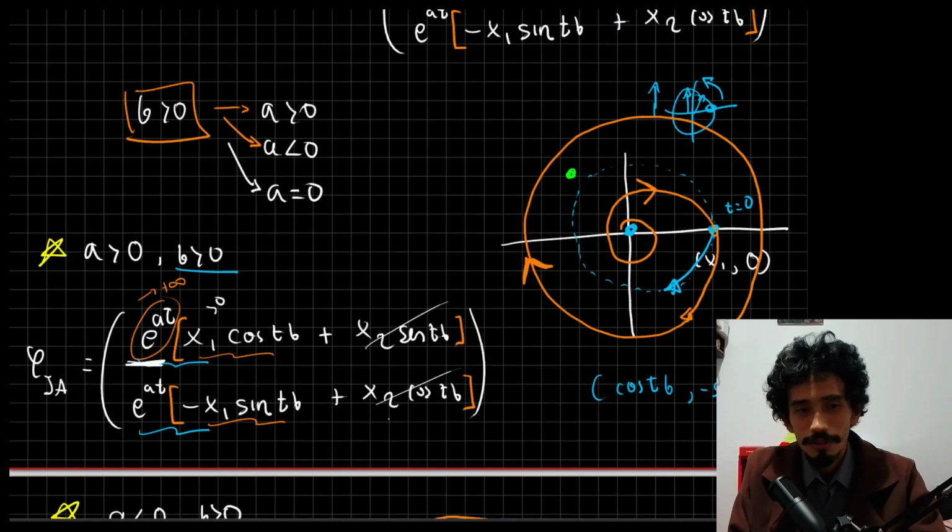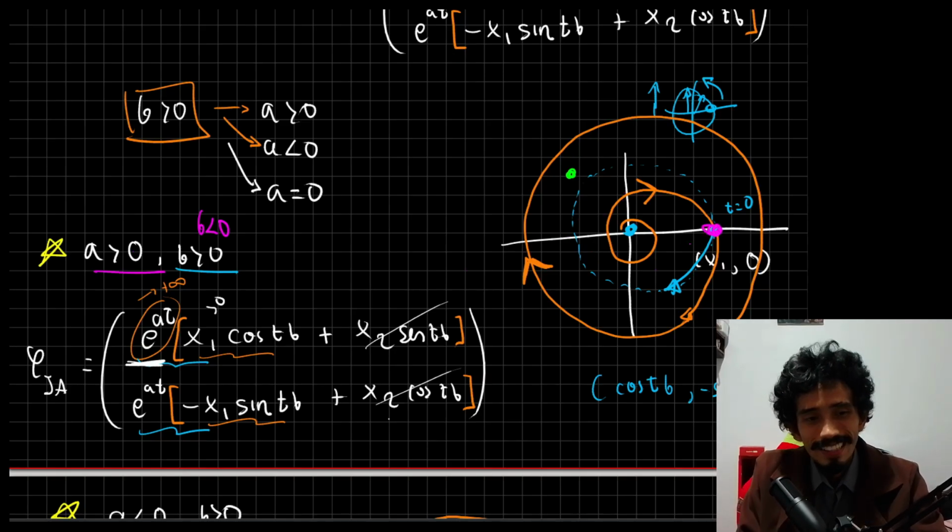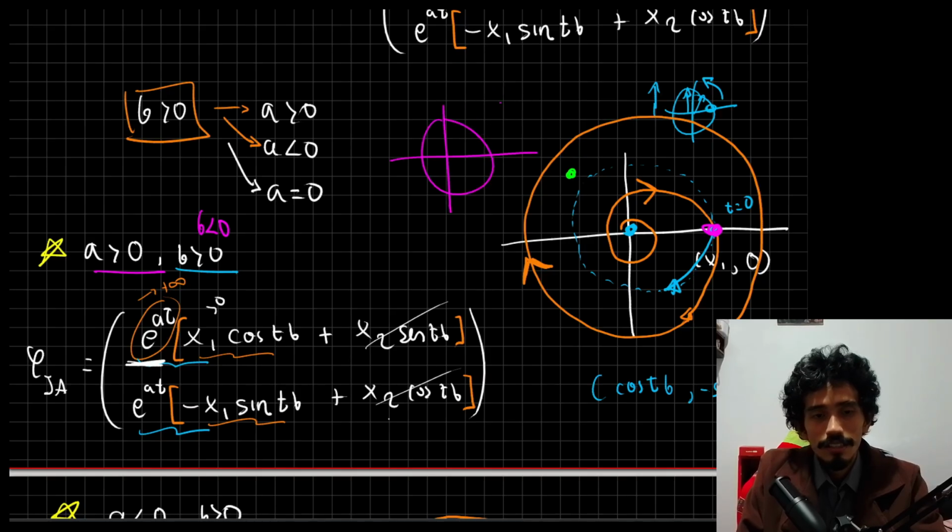And very quickly we can discuss what happens when b is negative, given the same case when a is positive. If you take the same point, what will happen? Well, since b is negative, when you graph the trigonometric circle, when t increases, since t is multiplied by a negative number, the angle in fact decreases.